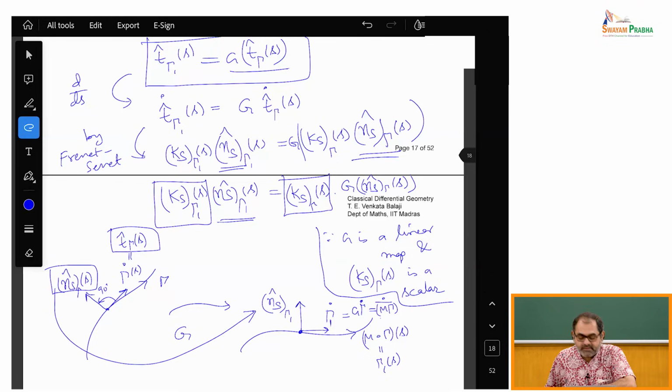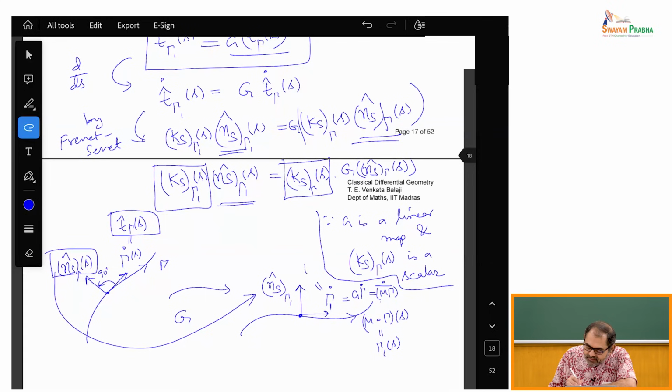That is because g will take ns cap gamma of s to exactly gamma 1 dot rotated counterclockwise by 90 degrees, and that is actually ns gamma 1.